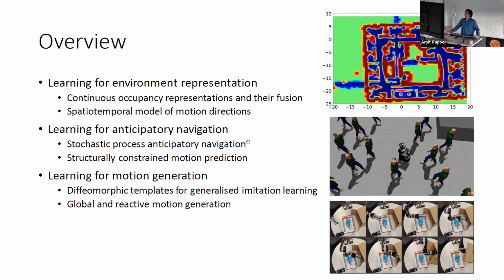Then I'll be talking about this broader area of learning for anticipatory navigation. That is to say, when a robot navigates through a dynamic environment, let's say with a crowd or something of the sort, existing reactive methods will result in the robot getting stuck just because of being reactionary, basically.